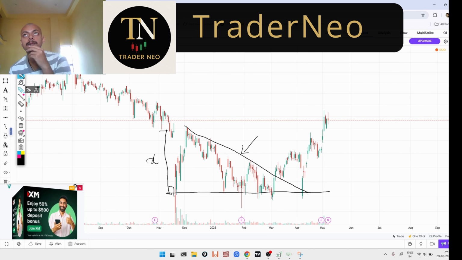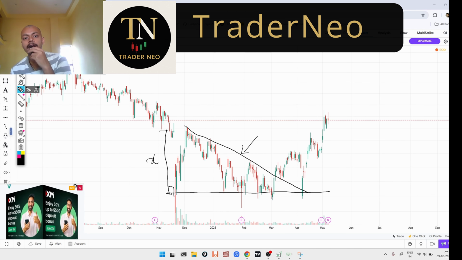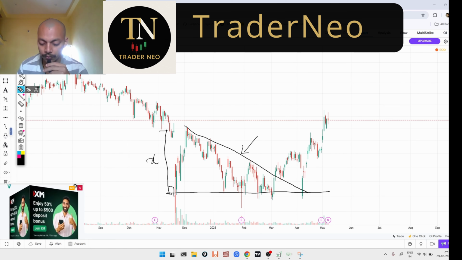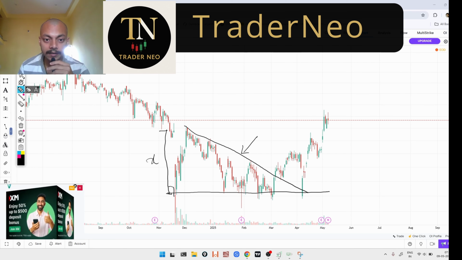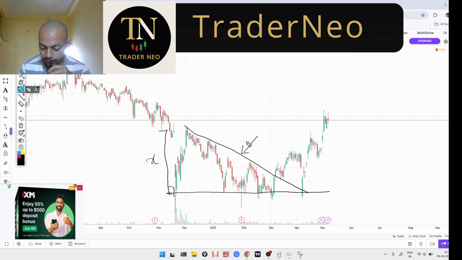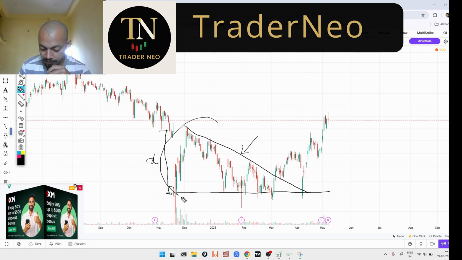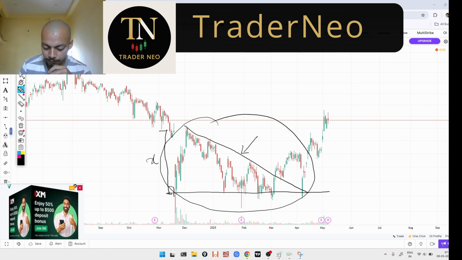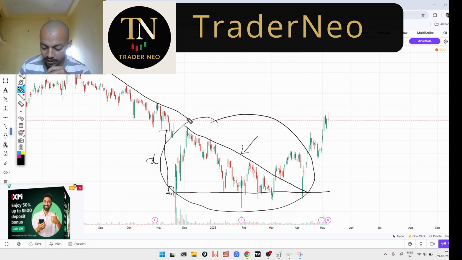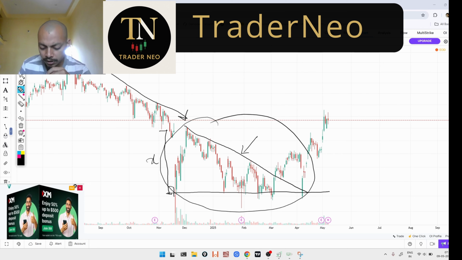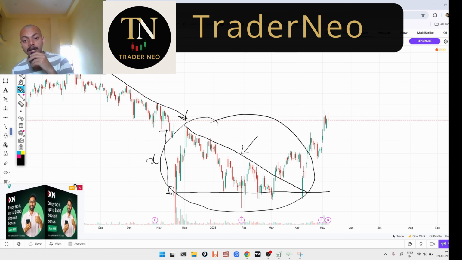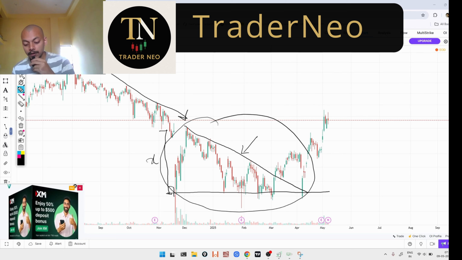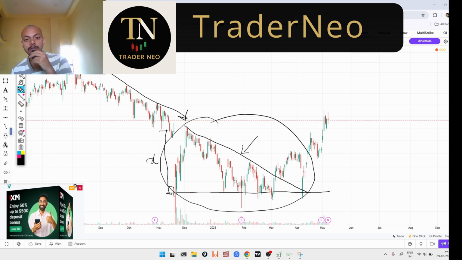A descending pattern is a bearish structure, and usually bearish structures are valid when they occur at the top. But did this pattern occur at a top? No, this pattern formed at the bottom. Price was already coming down, and at the end of this down move, this descending triangle was formed.